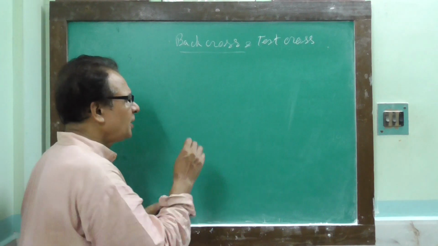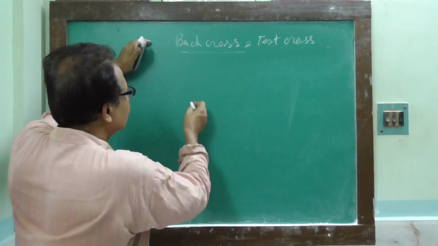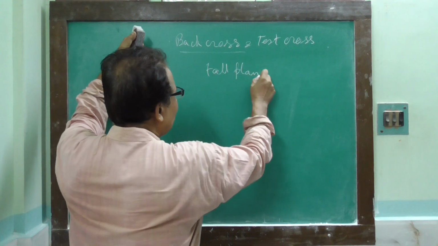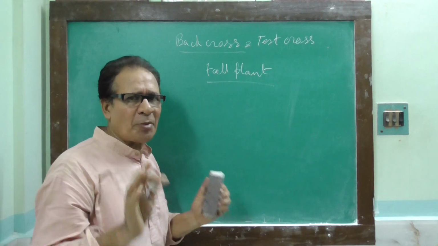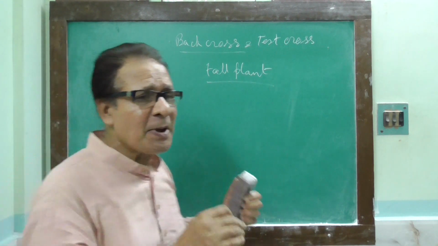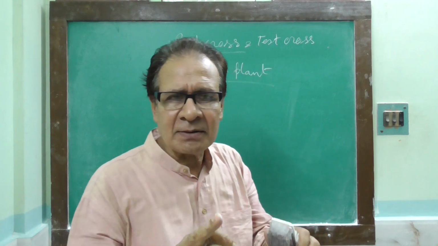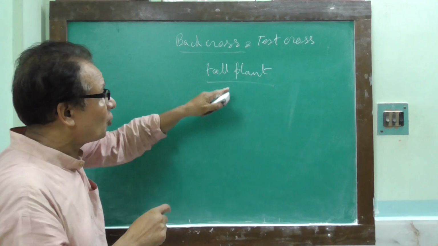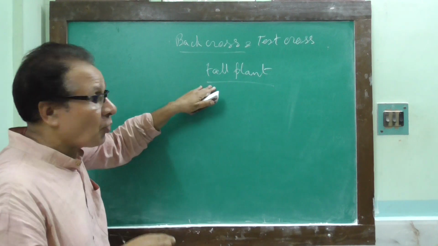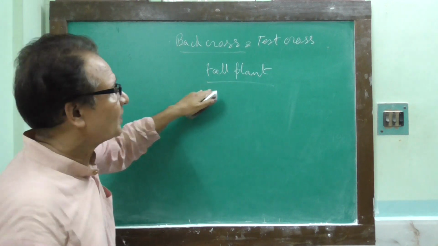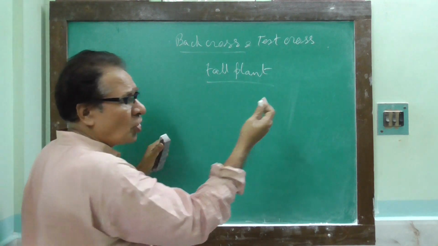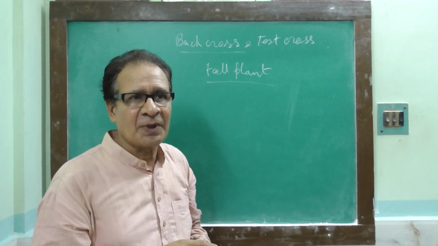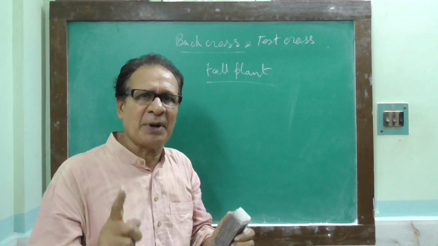Suppose in Mendel's experiment you are given a tall plant. We know tall is the dominant trait, and the given plant may be either pure or hybrid. So from this test cross we come to know what type of plant is given to me. It is crossed with the homozygous recessive, because you know the homozygous recessive only produces one type of gamete, the recessive gene.